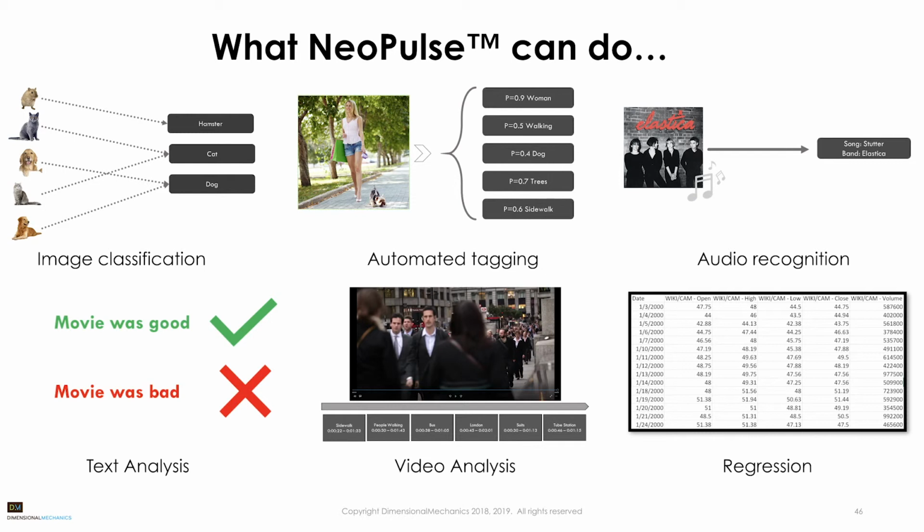So in terms of what it can do: image classification, automated tagging, and also bounding boxes, which is already supported as well. This is actually called an image regression type of problem, where you associate shapes with coordinates on a page.